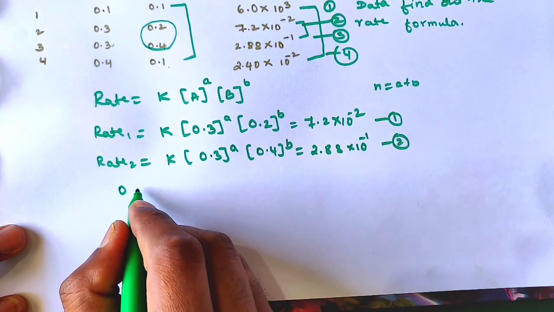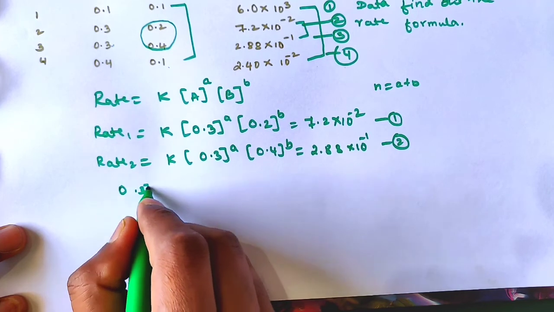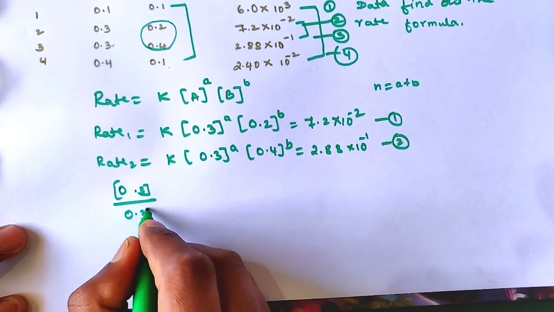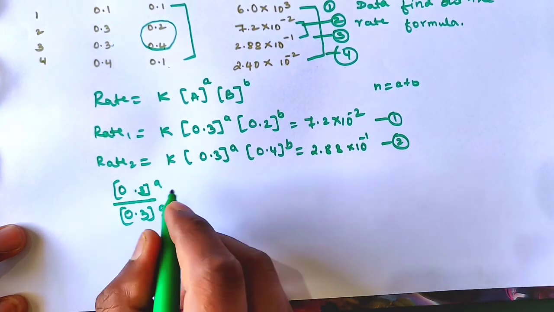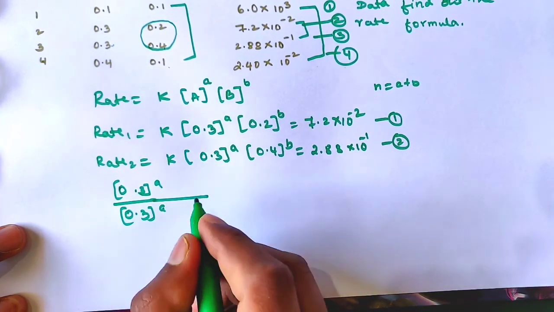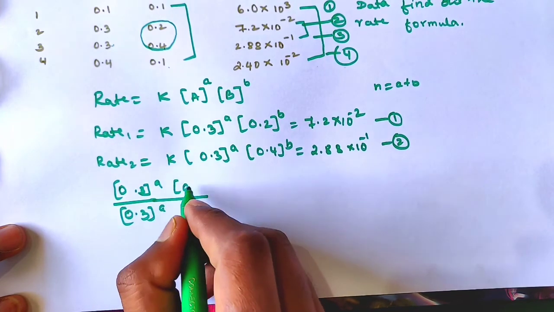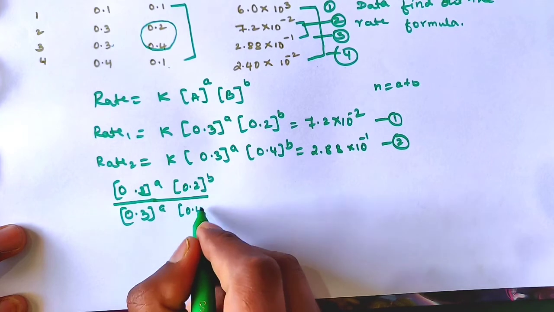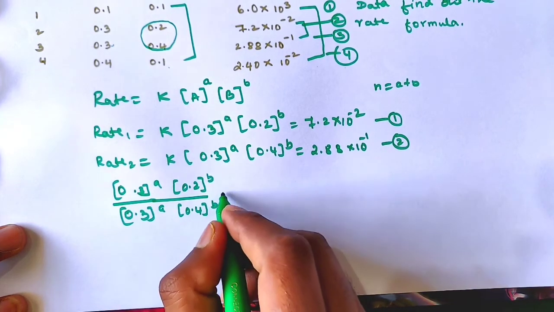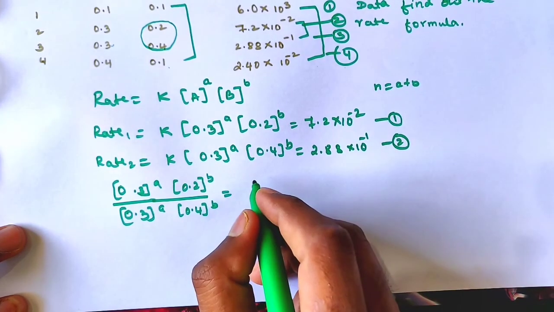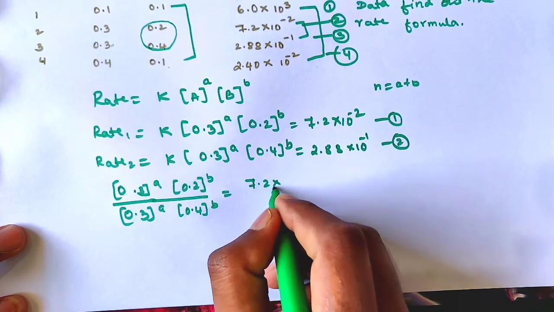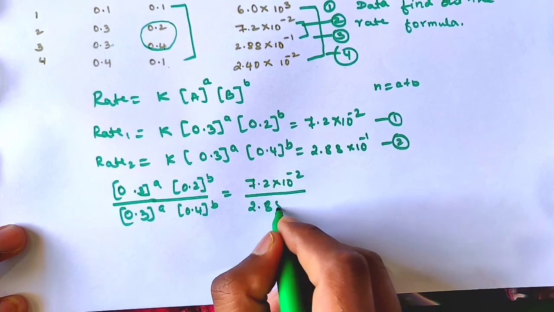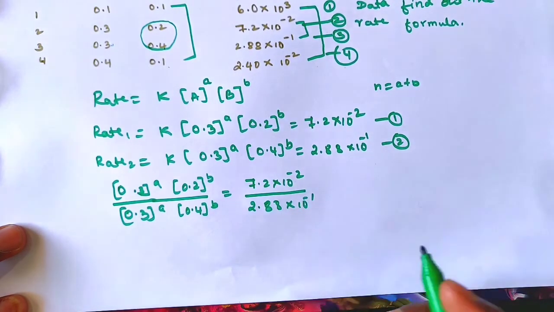0.3 upon 0.3 to the power a, and 0.2 to the power b upon 0.4 to the power b, that is equal to 7.2 into 10 to the power of minus 2 upon 2.88 into 10 to the power of minus 1.